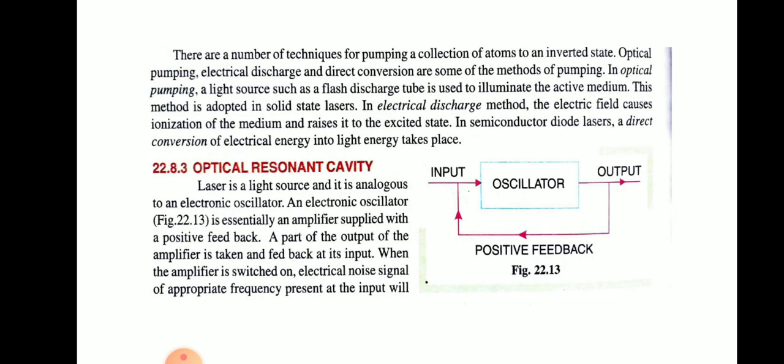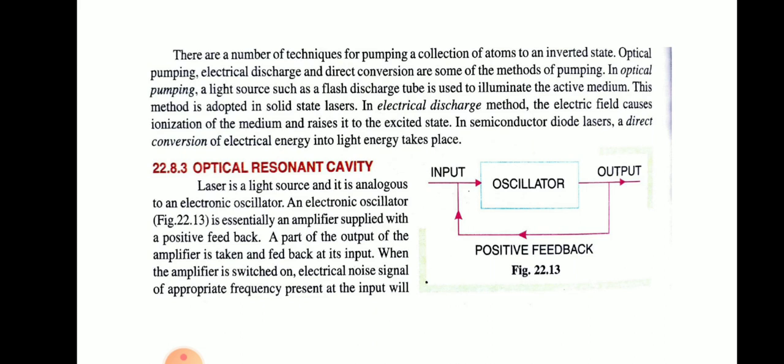There are a number of techniques of pumping a collection of atoms into the inverted state: optical pumping, electrical discharge, and direct conversion are some of the methods of pumping. In optical pumping, a light source such as a flash discharge tube is used to illuminate the active medium.